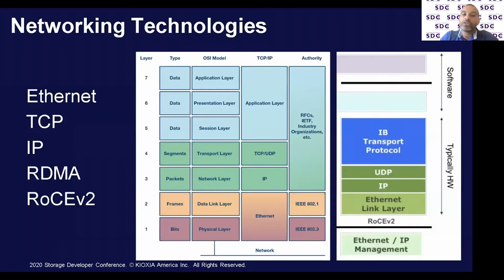All right, a few more points about networking technologies. Ethernet is the most popular backbone in data centers, and Ethernet carries the underlying traffic. Data centers connected at the physical layer are mostly connected through Ethernet.